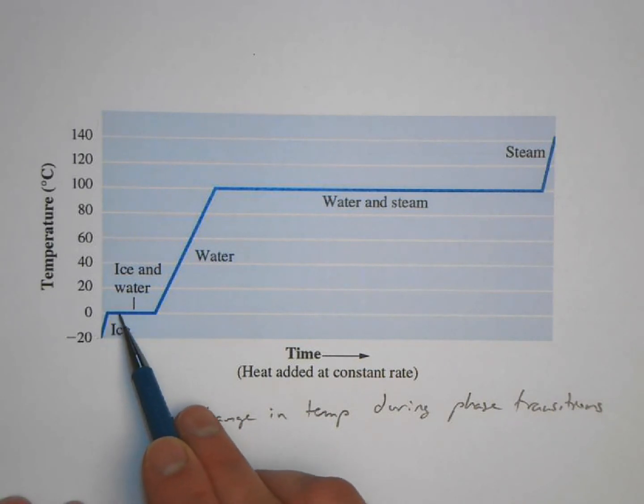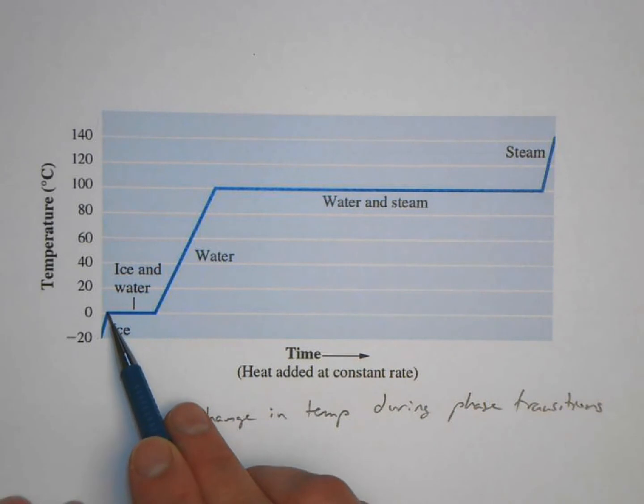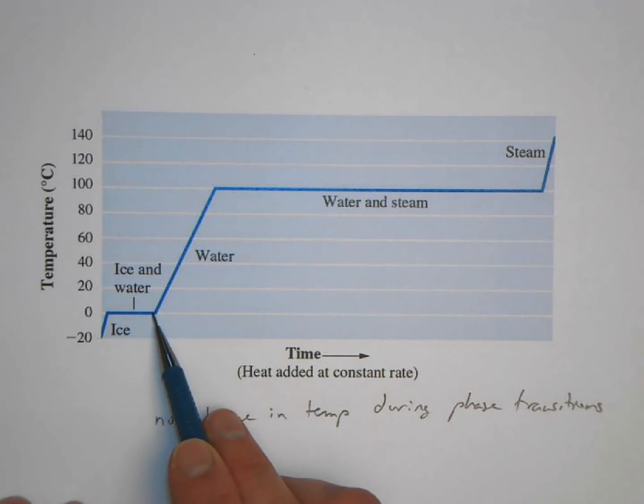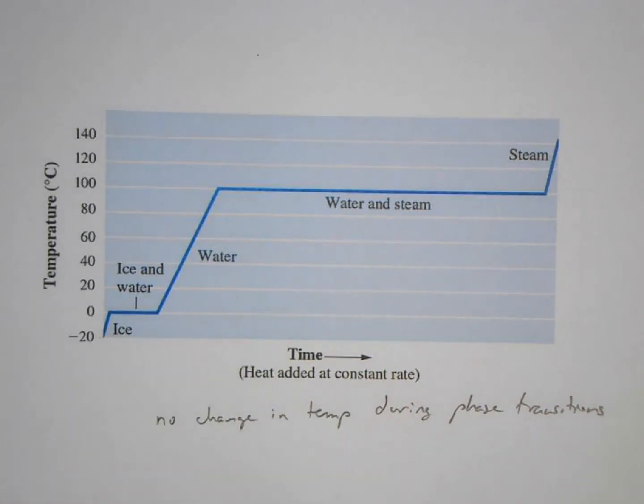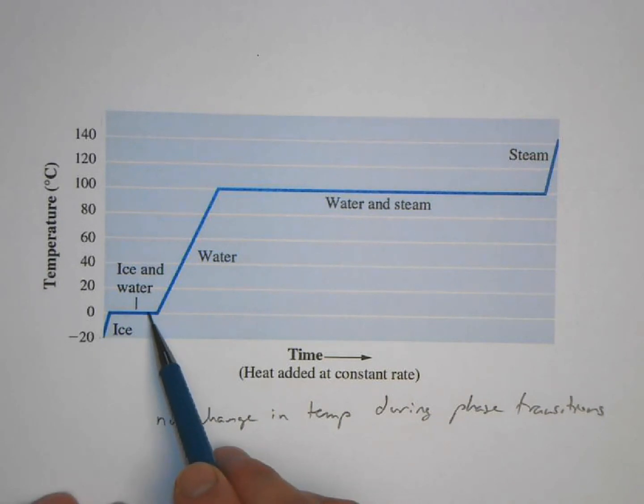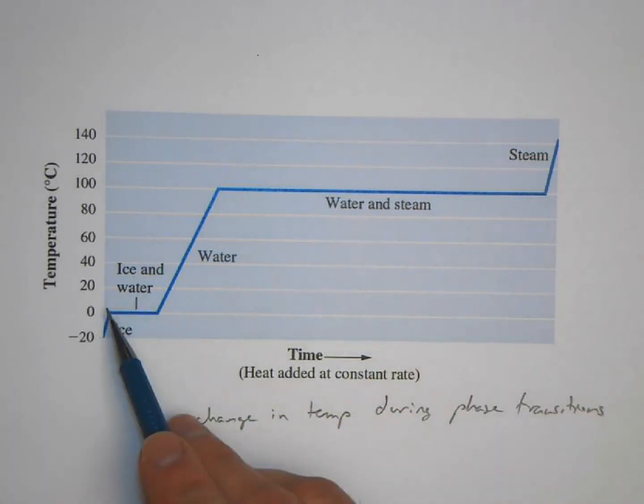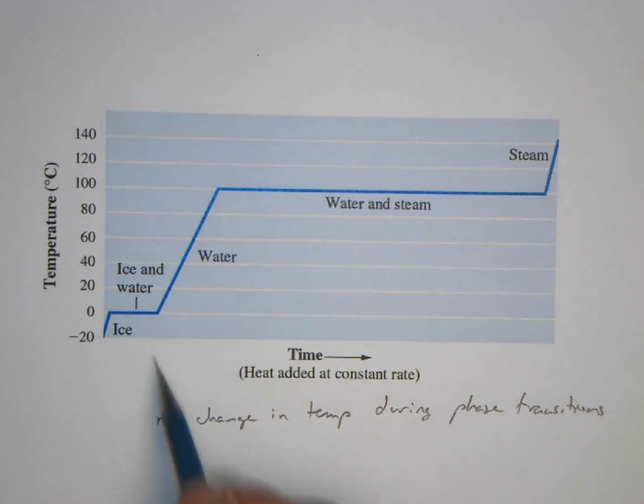For this given amount of ice, this given amount of solid water, we had to add this much energy in order to completely melt it. So at this point this is what's called a phase transition.